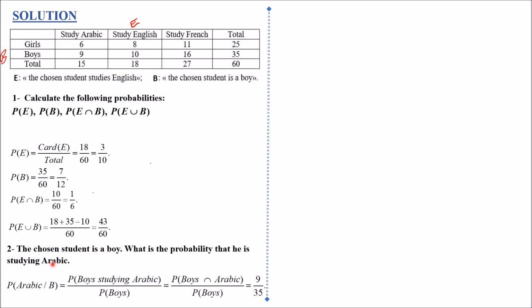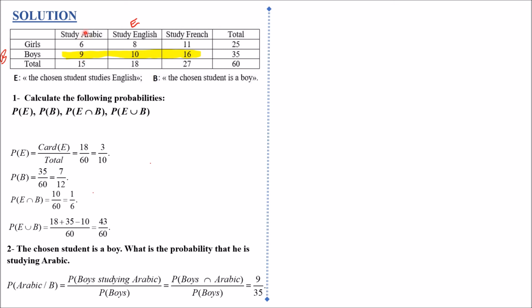So given that, we said before that given that should be under the slash. So slash B, because given that boy, given that B, therefore it is under the slash. So we are finding P of Arabic slash B. The first thing, as I told you before, we have to highlight the boys. So here I'm highlighting the row which stands for the boys, and we neglect anything other than that.